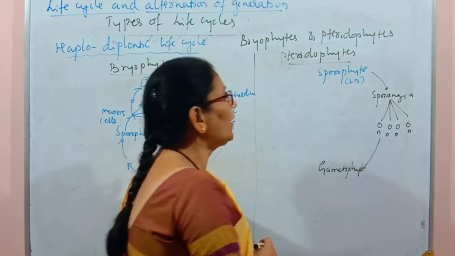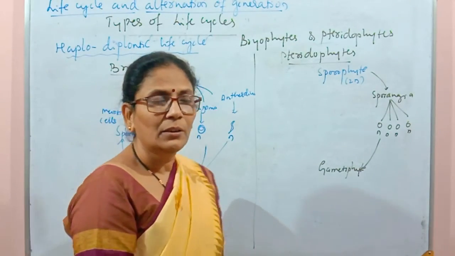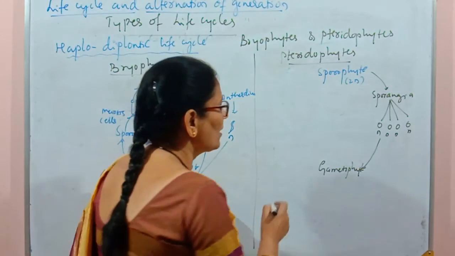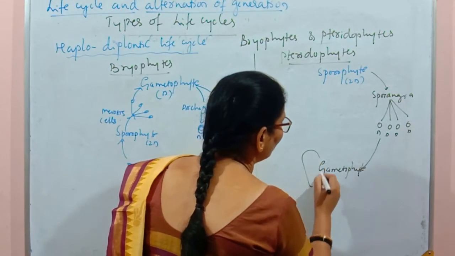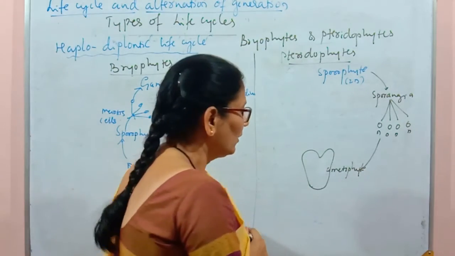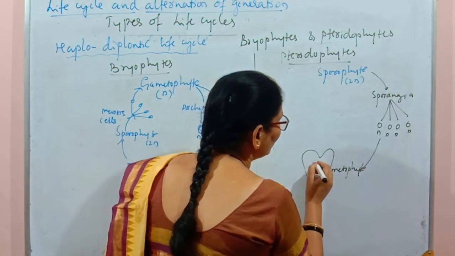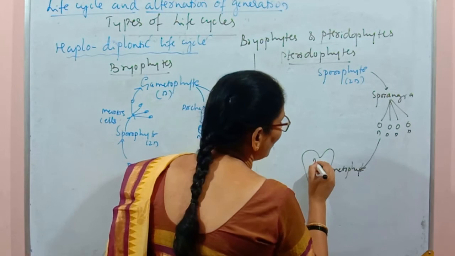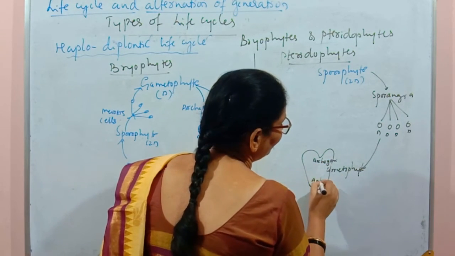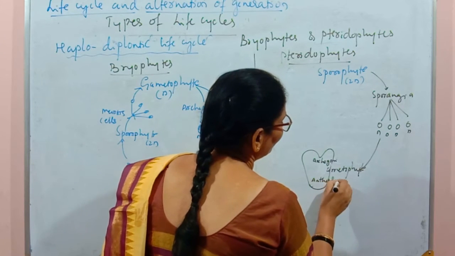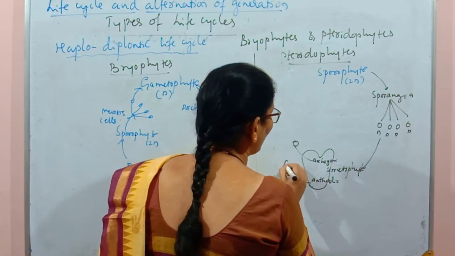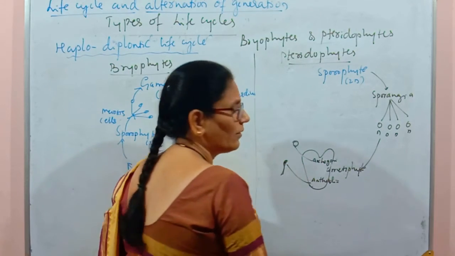The gametophyte of pteridophytes is photosynthetic, free living, and somewhat heart shaped, and it produces both sex organs, archegonia and antheridia. Archegonia produce the egg, antheridium produce the antherozoids.